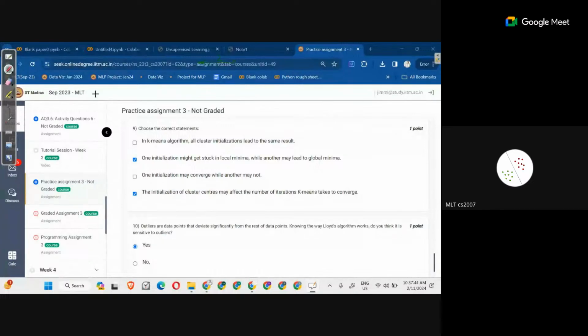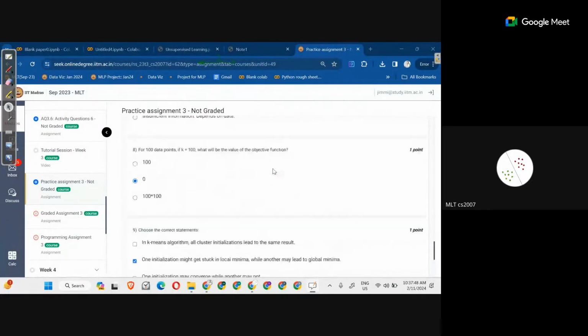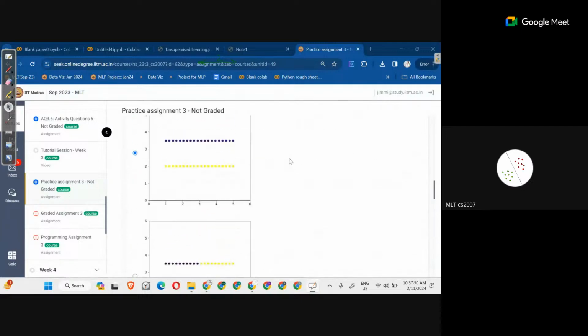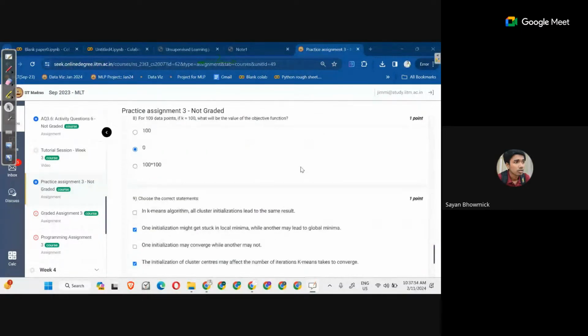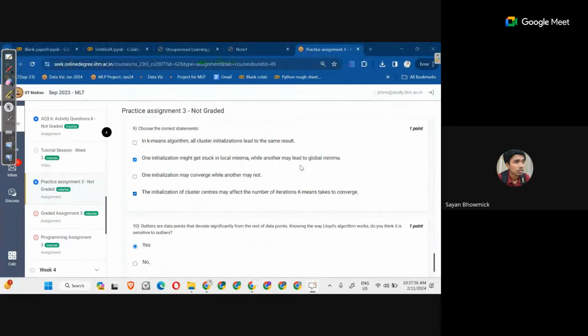For example, we can take this case in the mathematical way. Let's say there are k raised to n ways, and if the initialization changes, even if one step is getting less than k raised to n, that means the initialization affects our algorithm.